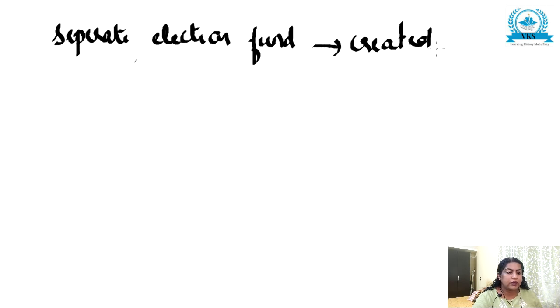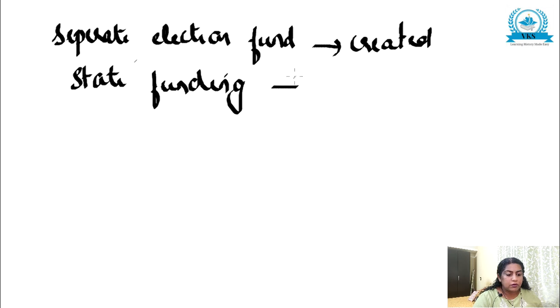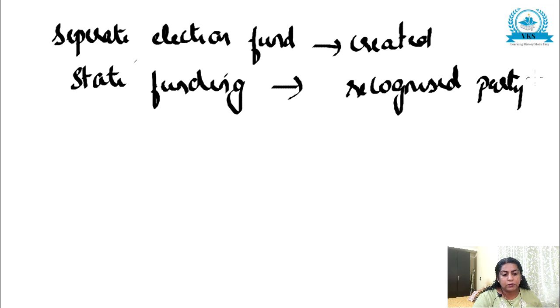That was another recommendation. Next one, the state funding has to be confined to a recognized party, and this has to be decided by the Election Commission. So that also was another recommendation.